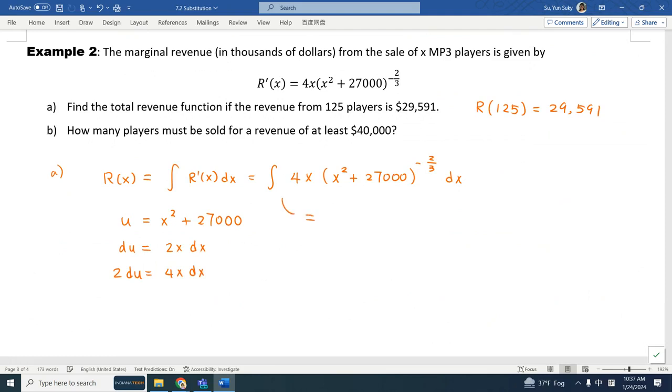Good. So this equals integral. The 4x dx is 2 du. Where do you put the 2? Outside, yes. And the du is at the end. Right, everybody? Okay, how about this guy? This is what?